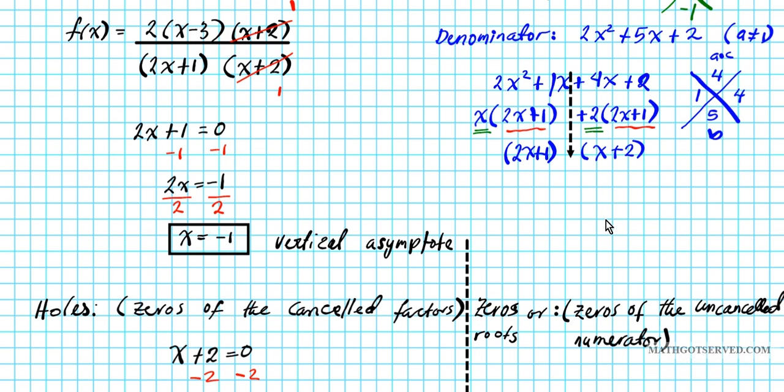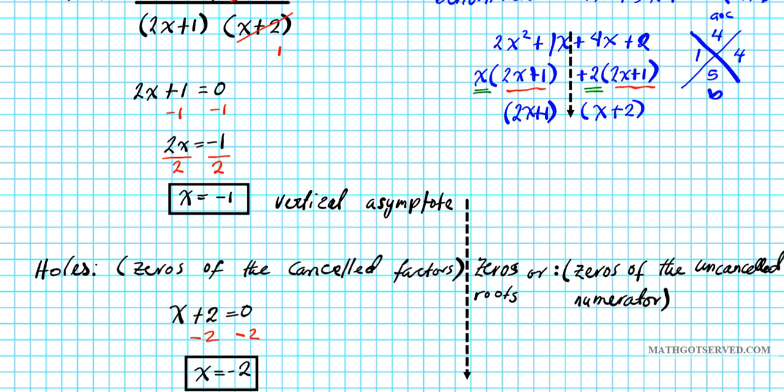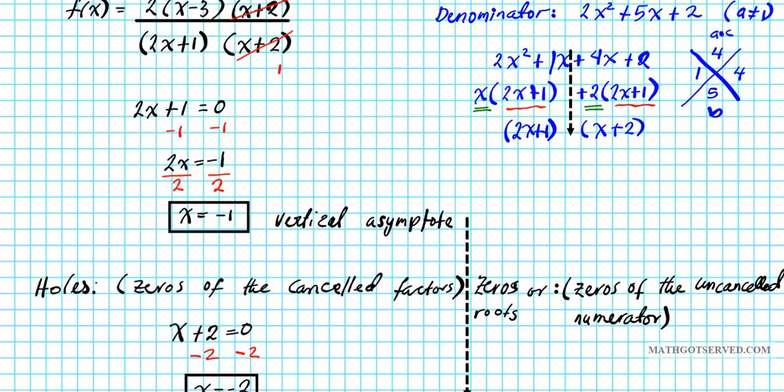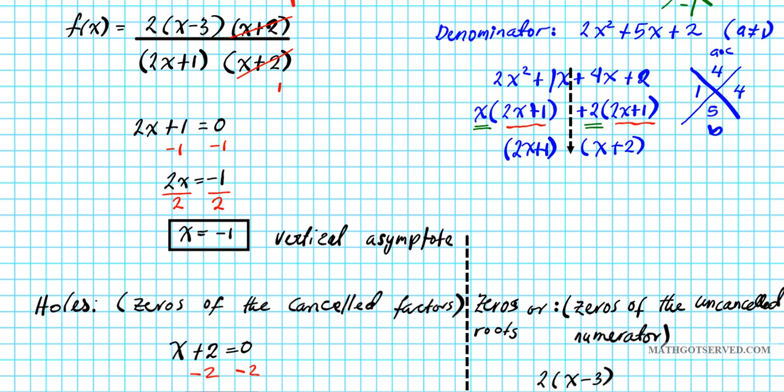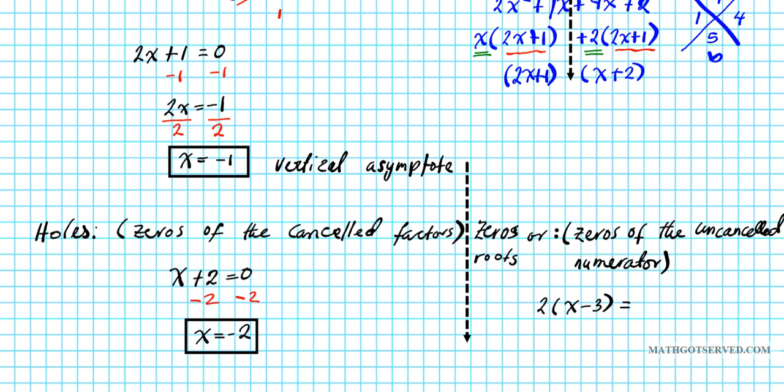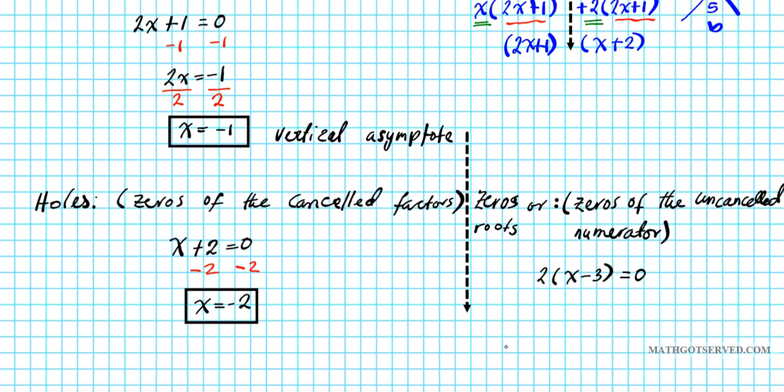All right, so let's take a look at the original function. What is uncancelled in the numerator? We have 2 and x minus 3. So let's extract that. 2 times x minus 3. What do we do with that? We set it equal to 0. How can we solve this equation? Since we have a 2 right there, we can divide both sides by 2, only because that's a number.